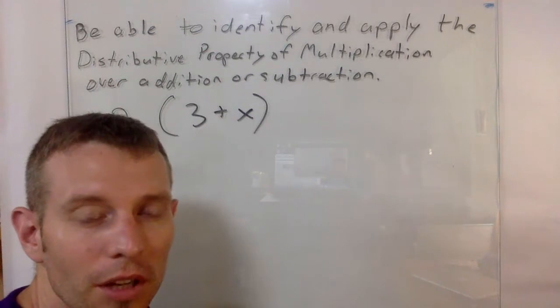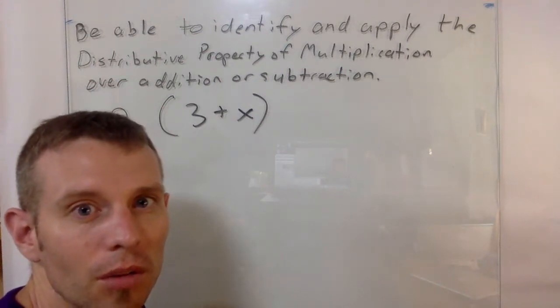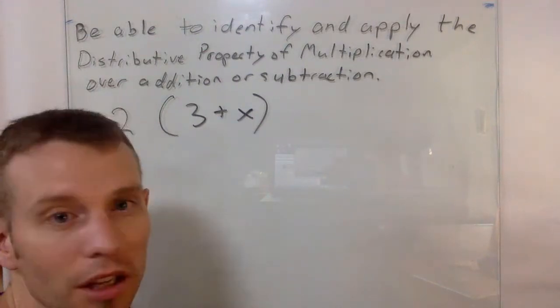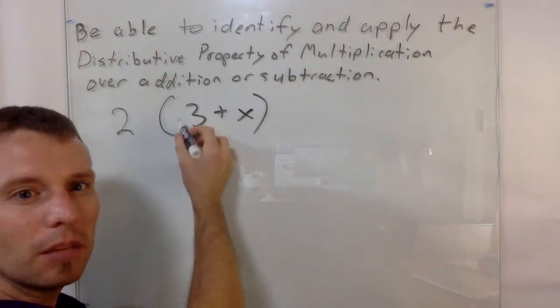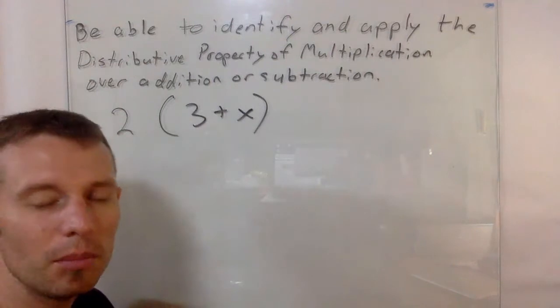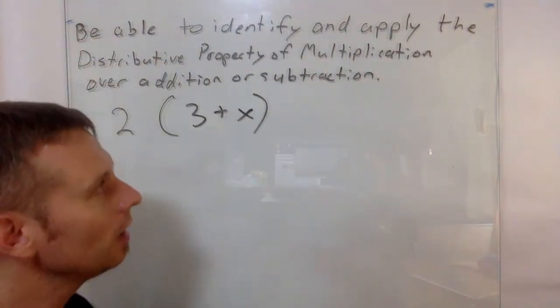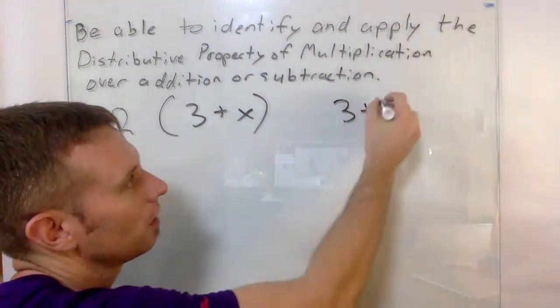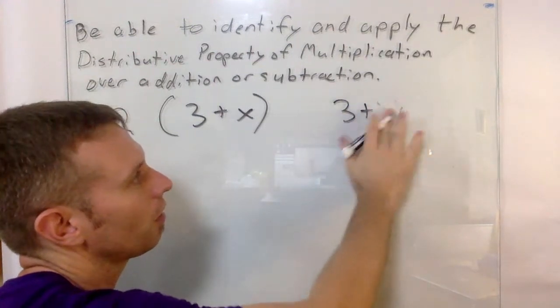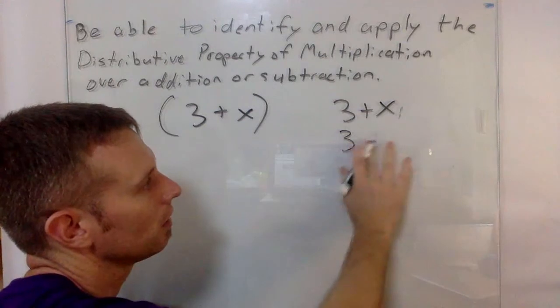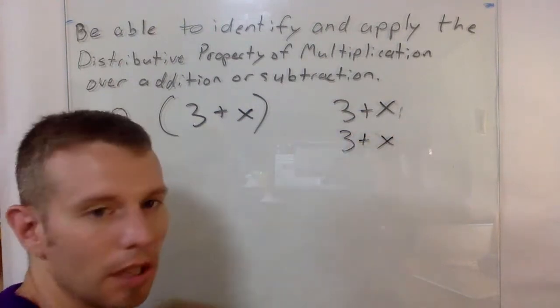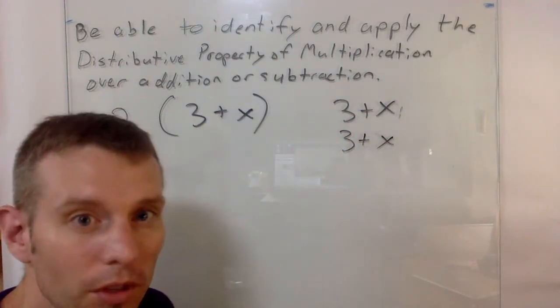We might be able to find that out later, but for right now, we can't add those together. However, we have this 2 being multiplied by the total of 3 plus x. So what we're saying is we have a 3 plus x and another 3 plus x, so we have 2 of them.